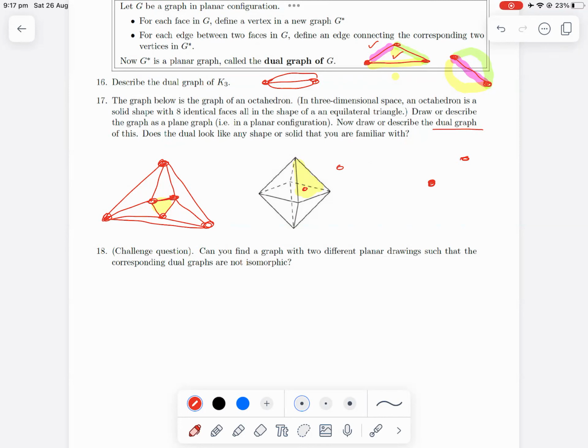Okay, so let's do from here. So here. This one. For this one and for this one, I draw it here.